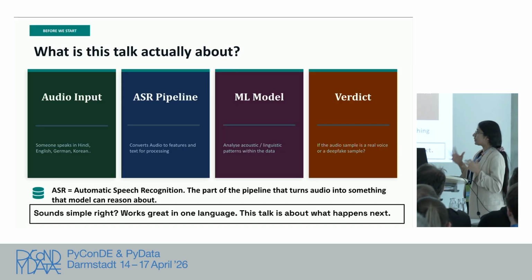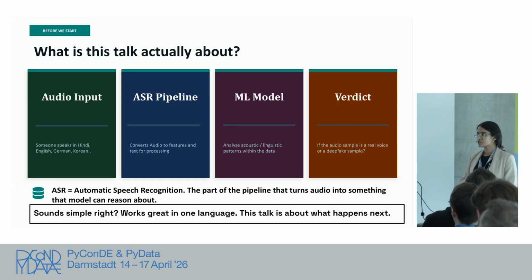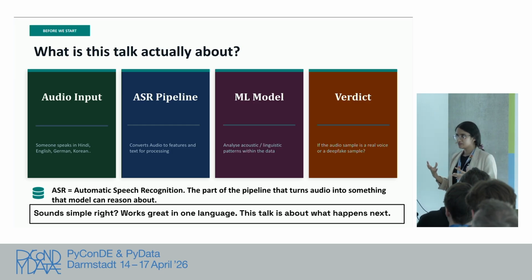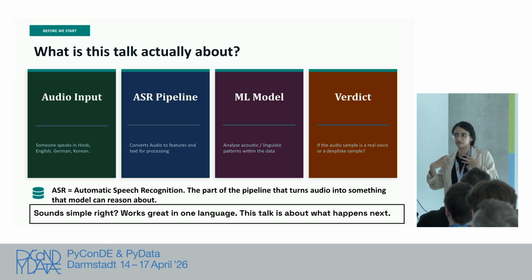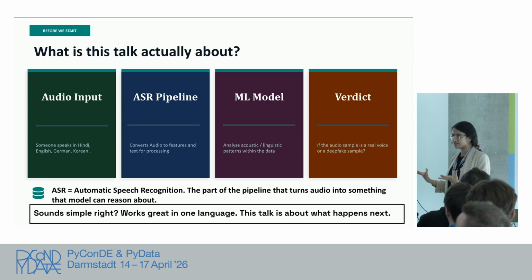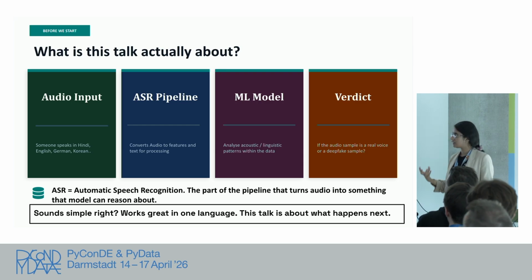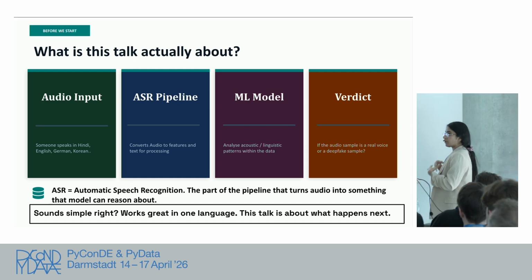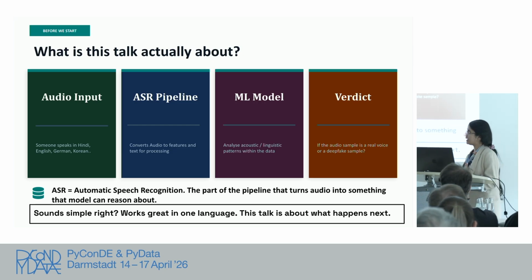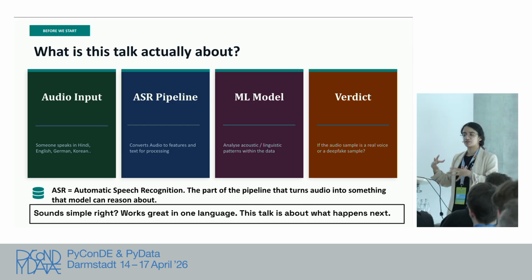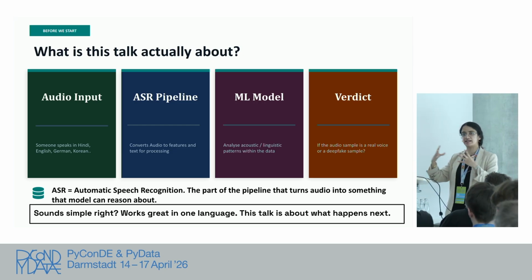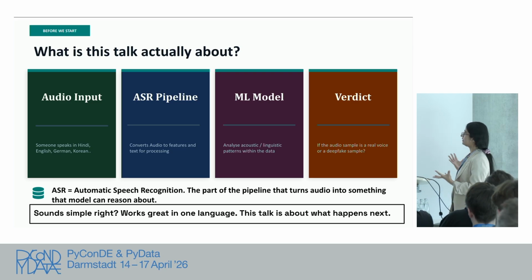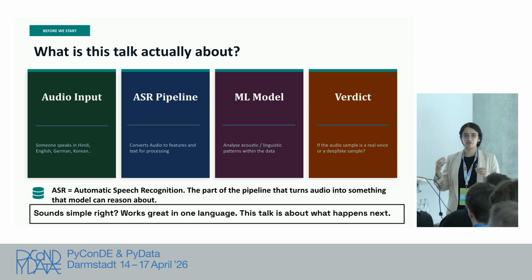Okay. Now, what this talk is actually about. Given an audio sample, in whatever form, comprised of a specific language, we build an ASR pipeline, which converts those audio samples to features for processing. That feature set is passed to this deep learning pipeline, or this entire audio pre-processing pipeline, which analyzes certain features.